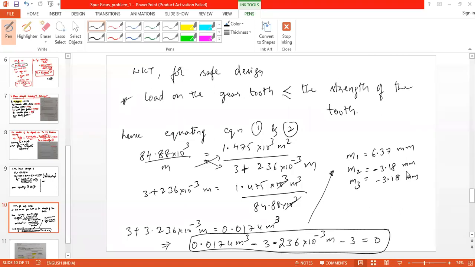So which value we should choose? We need to choose 6.37. So if the second answer is minus 10.38, then which one we need to choose?